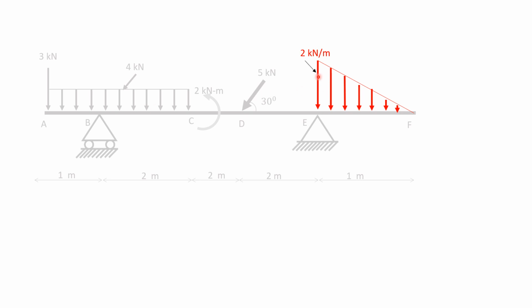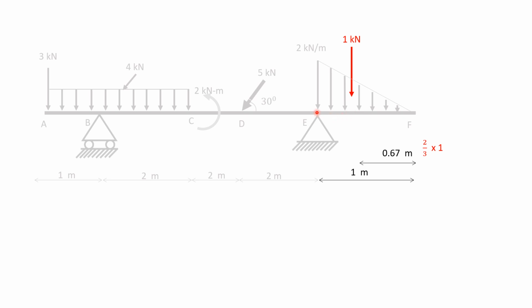Now, simplifying this triangular loading, half into 2 into 1. This single point load will act at 2/3 from apex or 1/3 from base.